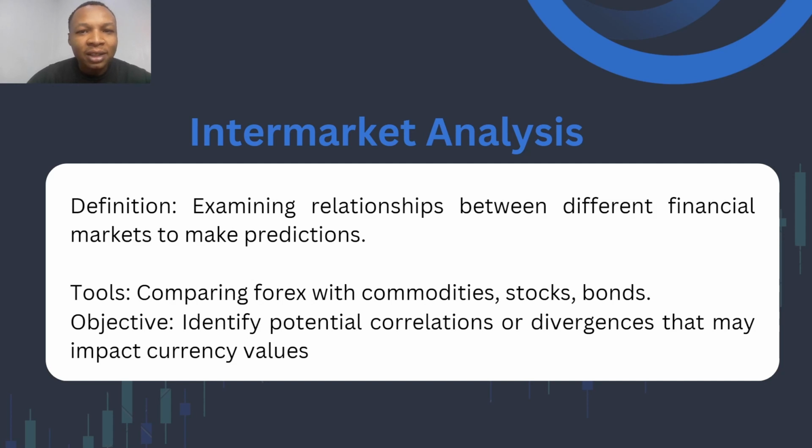Now, when you're doing intermarket analysis, we're trying to look for correlation or divergence between currency pairs and stocks, or currency pairs and bonds, or currency pairs and commodities, or bonds and stocks, and the likes of them. All these stocks, bonds, commodities and currencies are different markets, so we're trying to see if there is a correlation between these markets.